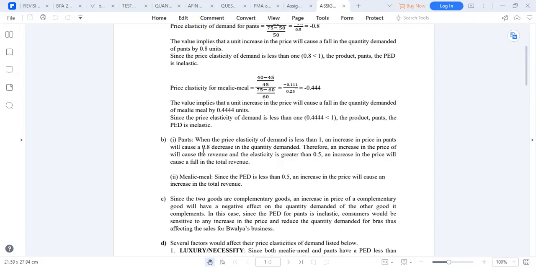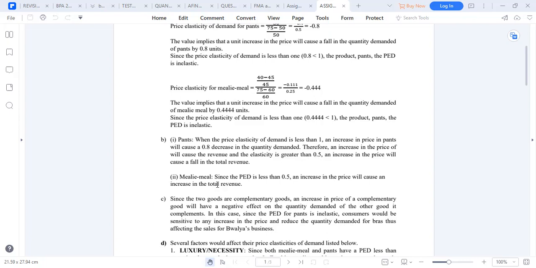So therefore, an increase in the price will cause revenue to fall, and the elasticity is greater than 0.5. So whenever our elasticity is more than 0.5, more than half there, it will be significant enough to reduce your revenue.